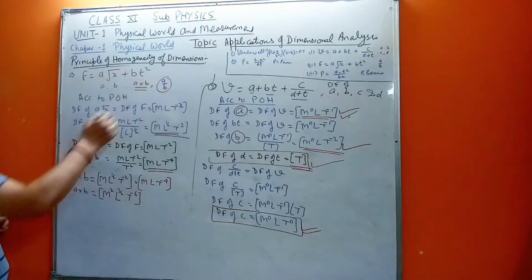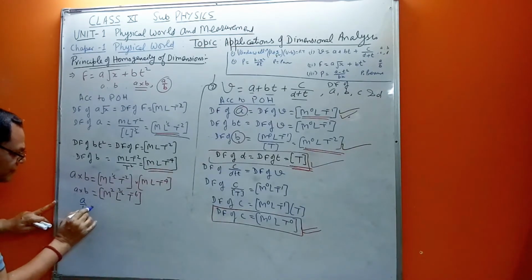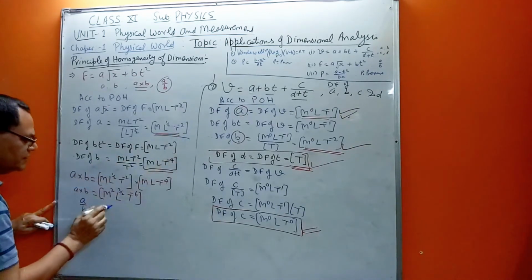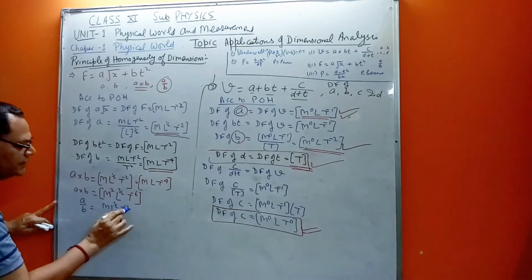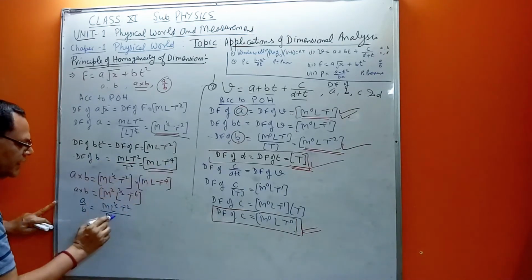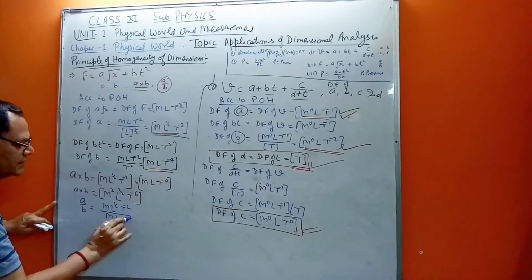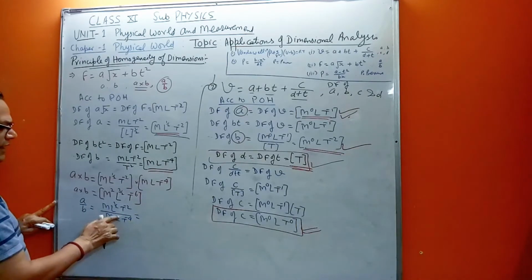Now we are asked A upon B as well. So we can also find A upon B. A, you know this one. That is M L raised to the power half T^-2 upon B, that is M L T^-4. The moment you simplify, M gets cancelled and L goes up.